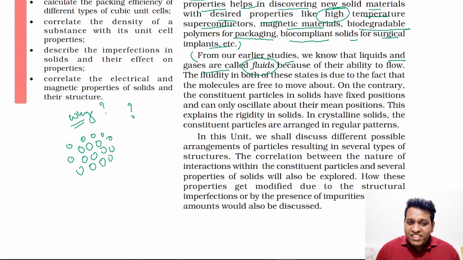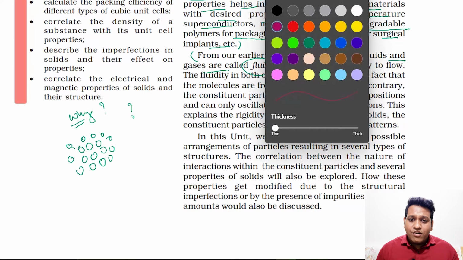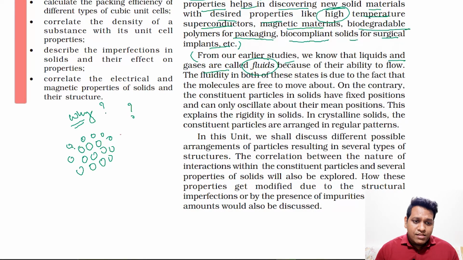Question arises, why are they away from each other? Why are they not close to each other like in solids? So the reason is the force of attraction acting there. This force of attraction is weaker in case of liquid as compared to solid.